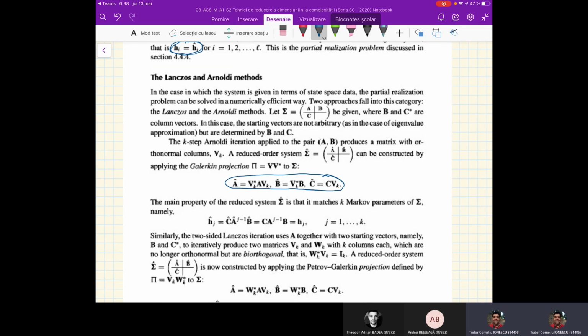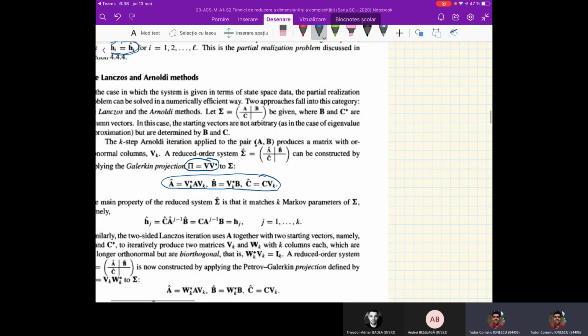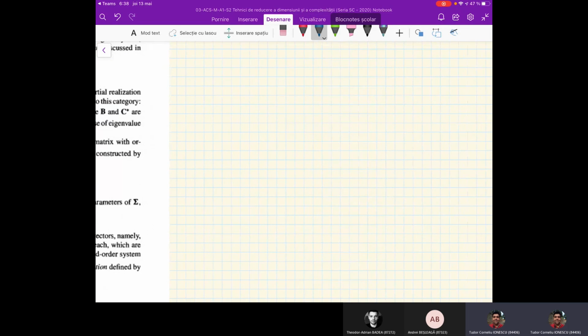The k-step Arnoldi iteration applied to the pair (A, B) of the system produces a matrix with orthonormal columns V_k. A reduced system (A hat, B hat, C hat) can be constructed by applying the Galerkin projection to sigma. So you pick this. I remember I told you before, you had an exercise with this: X equals V psi, and W transpose V is the identity from the projection.